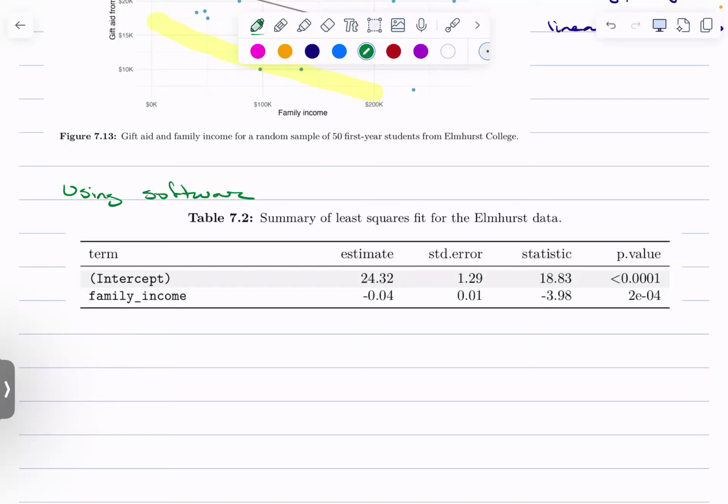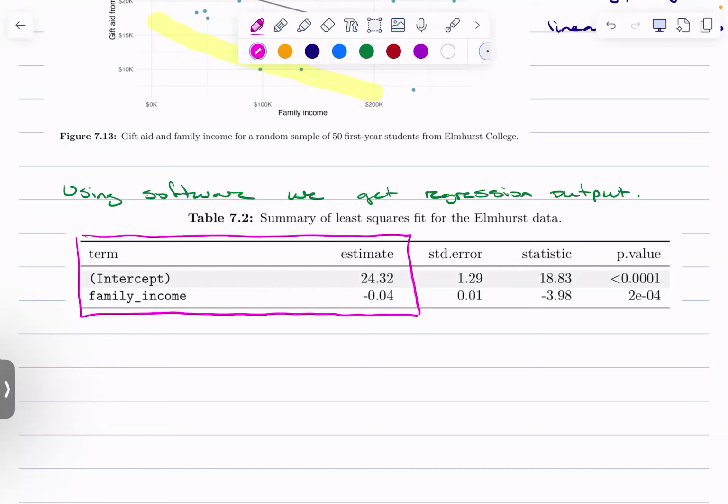So using software, we get the regression output. Where we're going to focus is here. Later, we might be able to incorporate the rest of the table, but for now, all we need to be able to do is read this table.